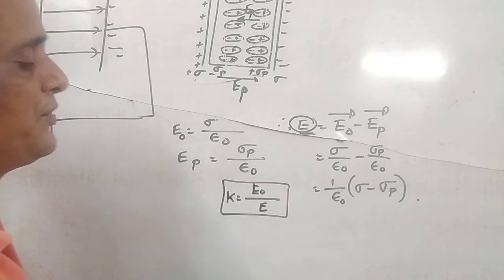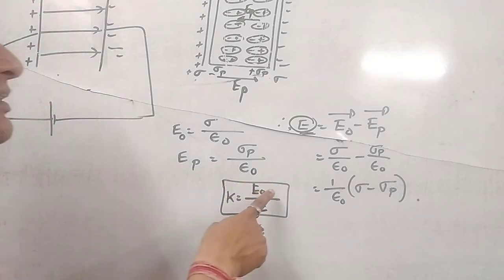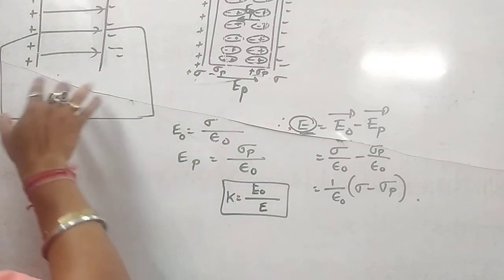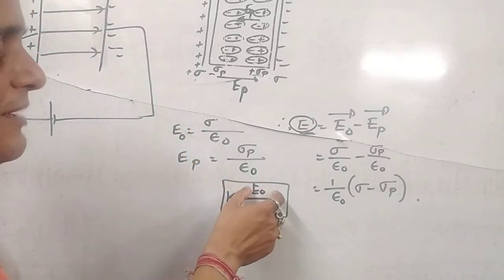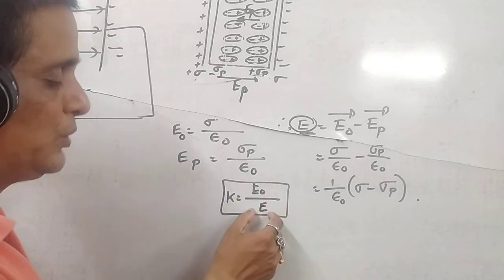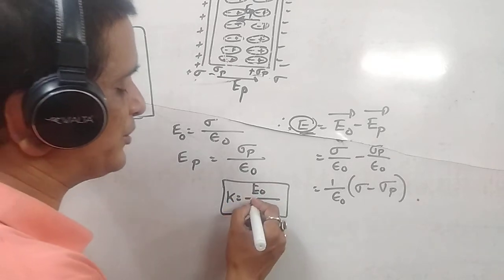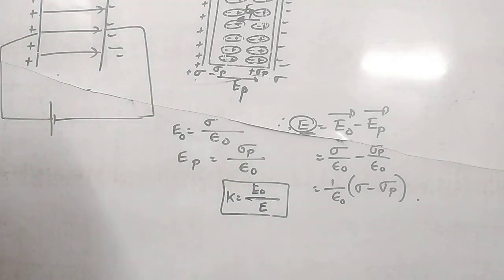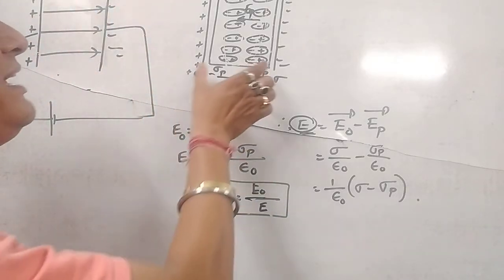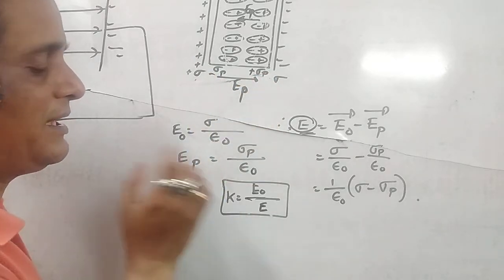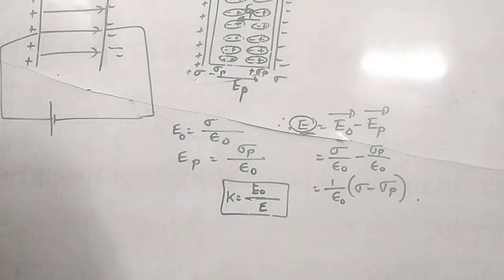It is the ratio between the electric field when no dielectric is present between the plates of the capacitor to the reduced value of the electric field when a dielectric is placed between the plates of the capacitor. This is about the dielectric constant.